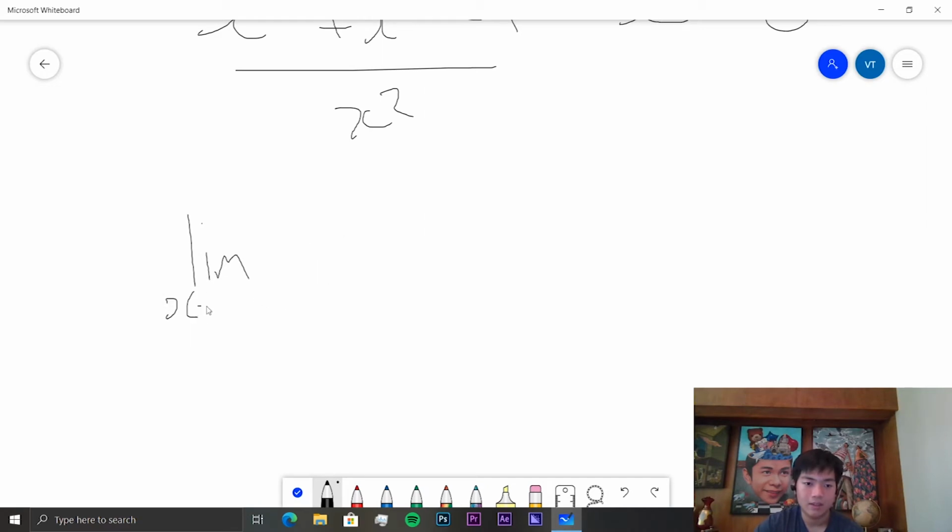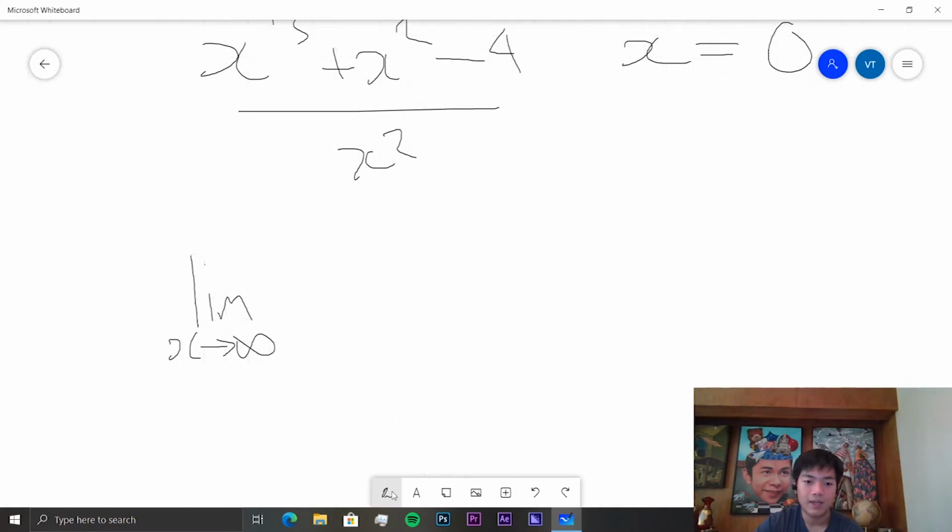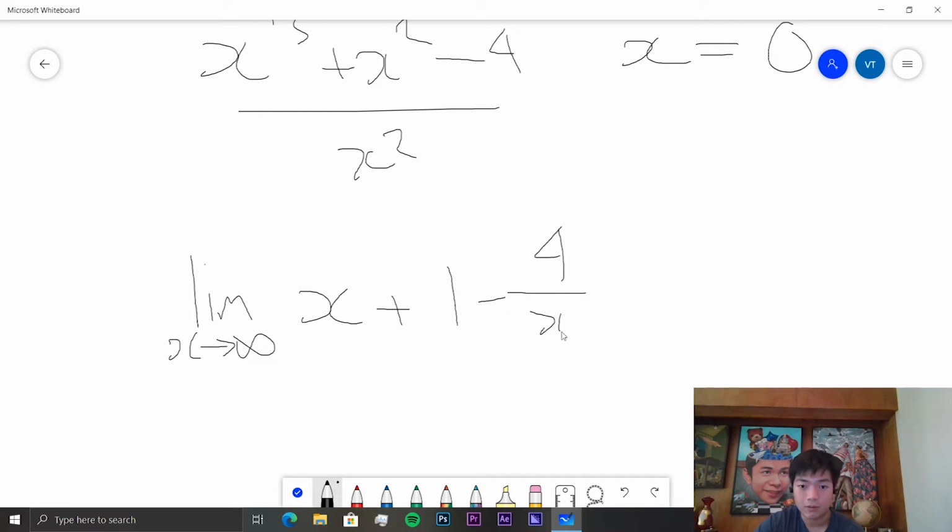So the limit as x tends to infinity of this. If we divide all by x squared, we get x plus 1 minus 4 over x squared.